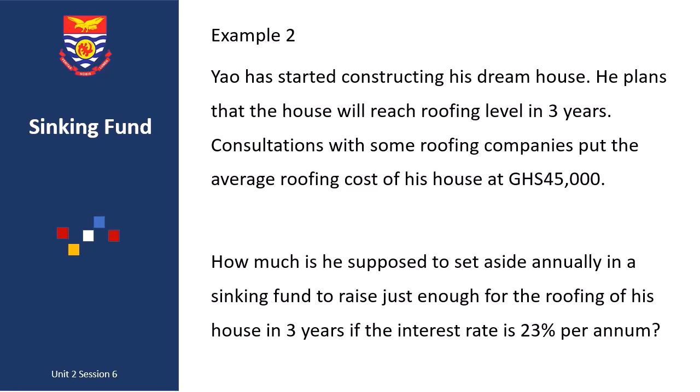So how much is he supposed to set aside so that he can raise the amount of 45,000 in 3 years time if the interest rate is 23% per annum?